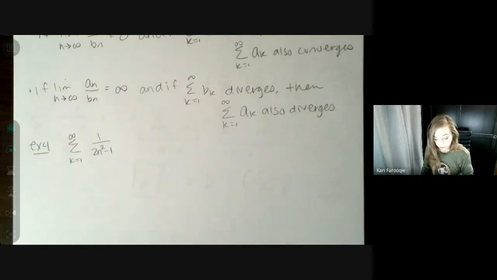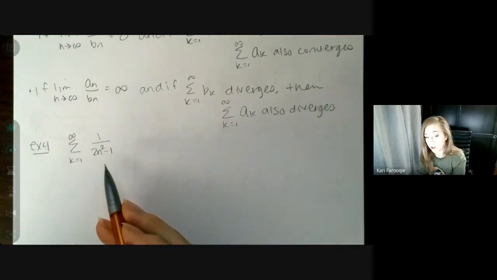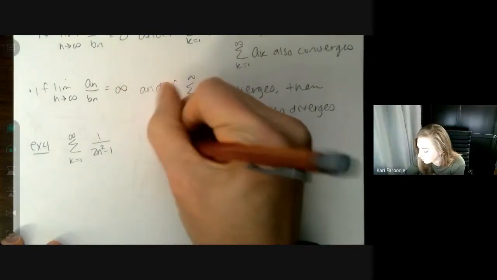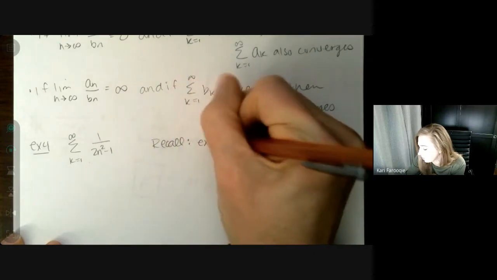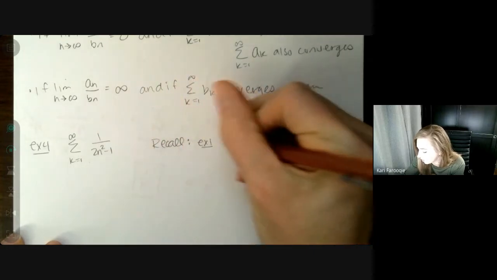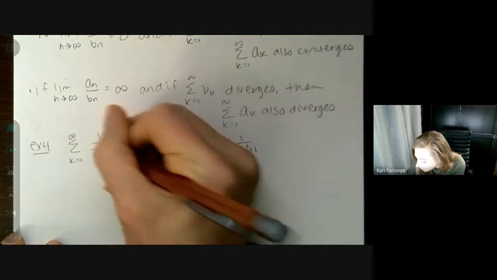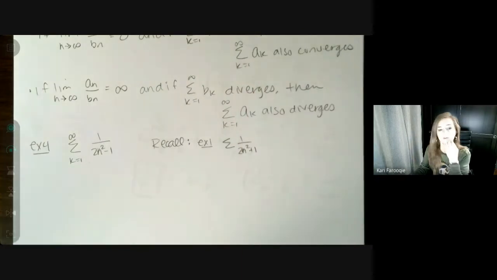Now, when we did something really similar to this in example 1, in the denominator we had 2n squared plus 1. Recall, in example 1, we had this series of 2k squared, k squared plus 1.